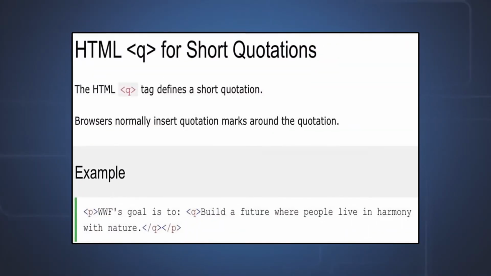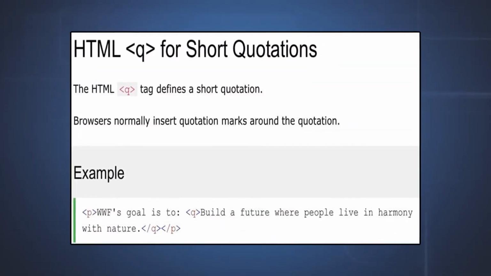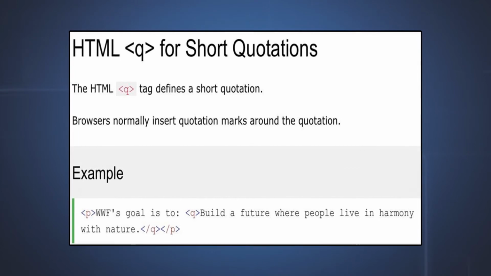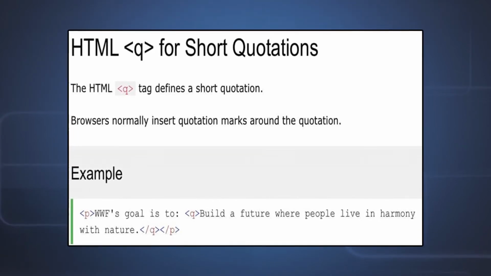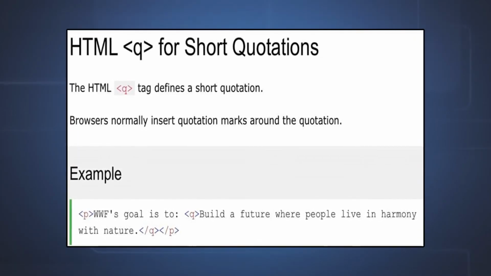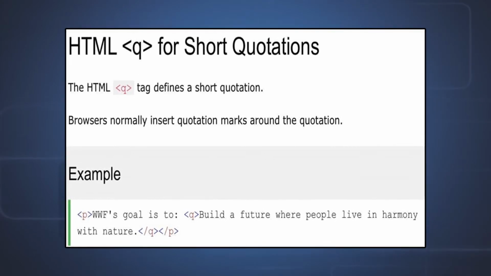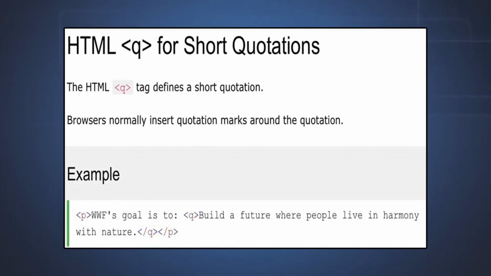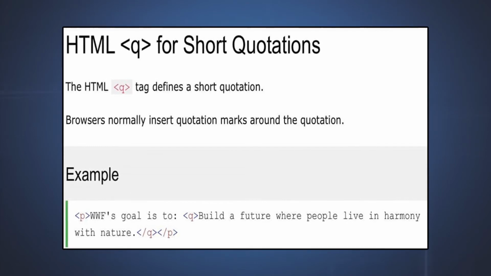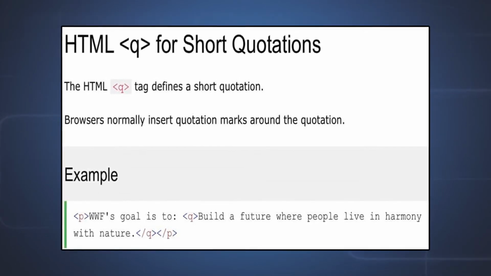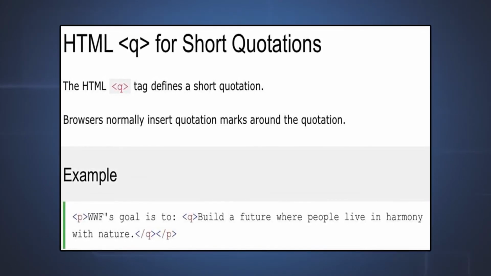Now, let us see what can be used for short quotations. We can use the lowercase q tag for defining short quotations. Browsers normally insert quotation marks around the quotation. For example, suppose we have a paragraph and in that paragraph we said WWF's goal is to build a future where people live in harmony with nature.